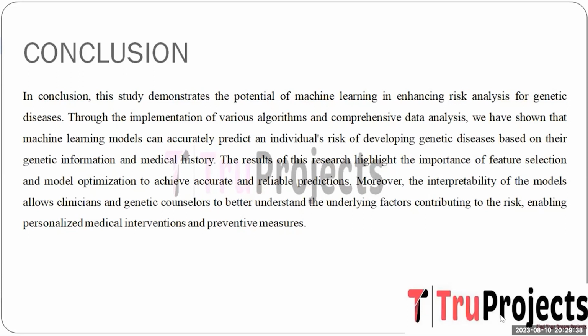The results of this research highlight the importance of feature selection and model optimization to achieve accurate and reliable predictions. Moreover, the interpretability of the models allows clinicians and genetic counselors to better understand the underlying factors contributing to the risk, enabling personalized medical intervention and preventive measures.